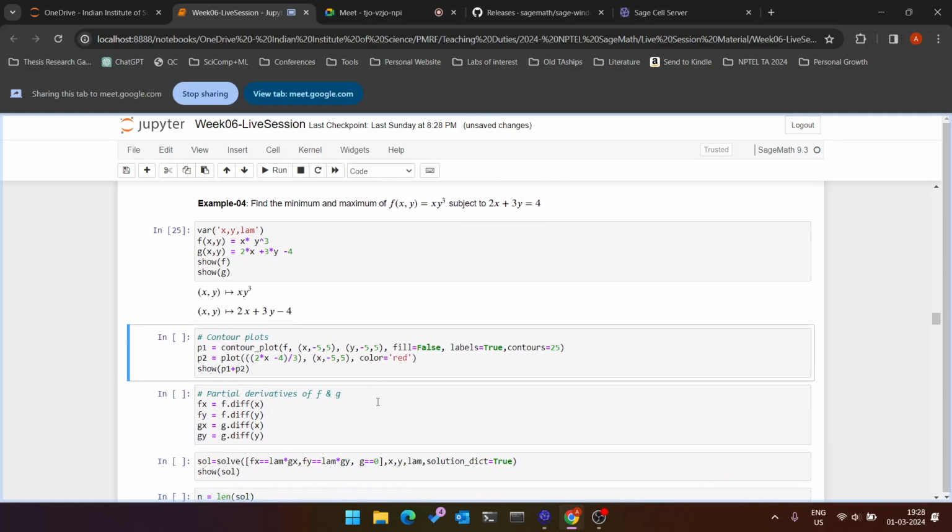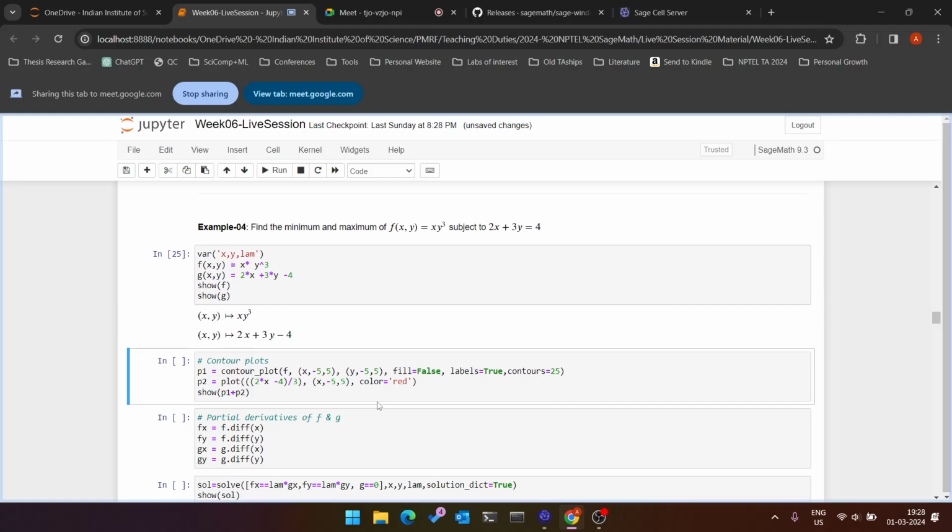Next, to estimate where those minima or maxima could lie, we are plotting a contour plot for the function f of xy, with x and y both bounded between -5 and 5, and I'm also asking it to print labels so that we get an estimate of how f of xy looks.